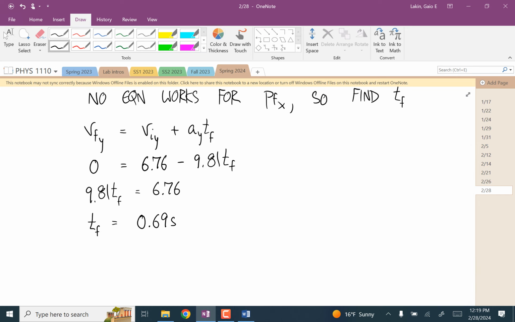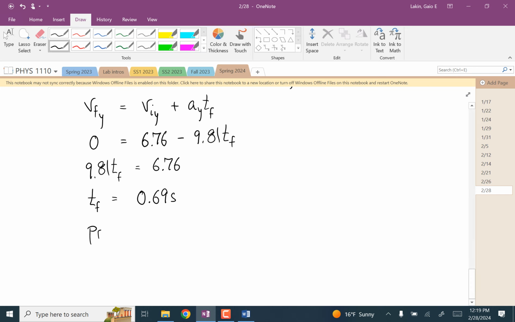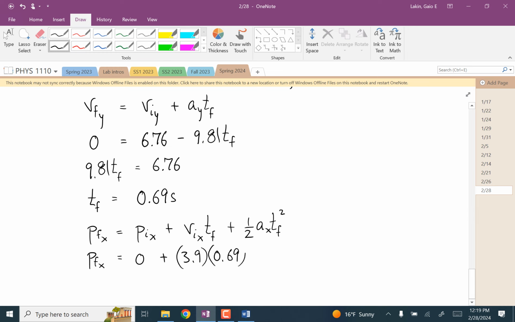And now we can use this equation, PFX is equal to PIX plus VIX TF plus 1/2 AX TF squared. So PFX is equal to 0 plus 3.9 times 0.69 plus 0.